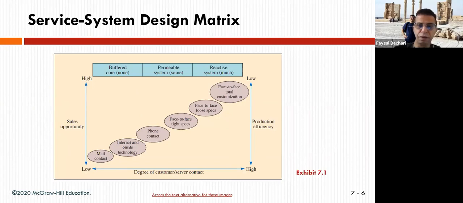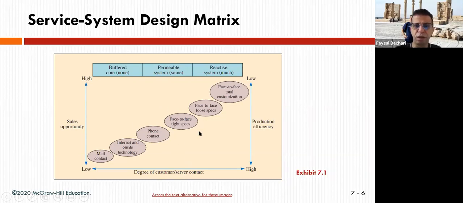On the other hand, you have a buffered core. But permeable systems are where there is phone contact or face-to-face contact, where there is a mediocre chance of sales opportunity, not low, and the customer service is kind of in the middle.